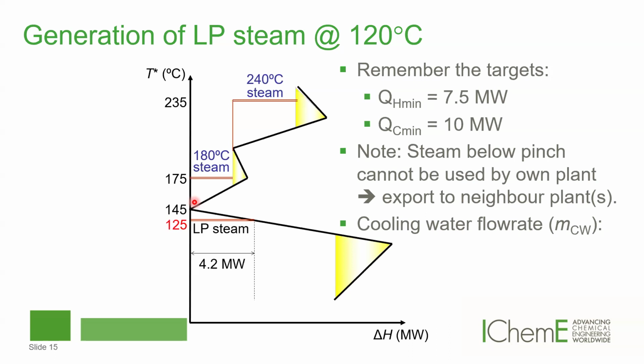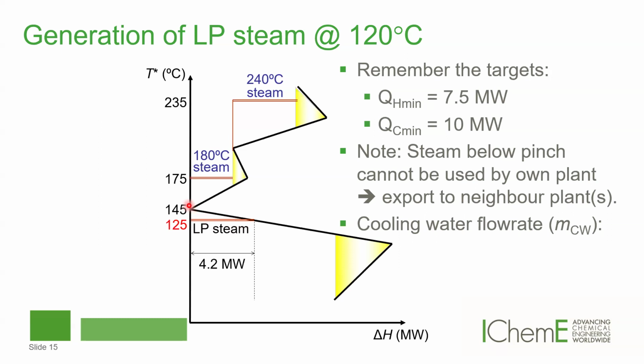Since we're now dealing with the region below the pinch, we have to raise the temperature by half delta T min. So our 120 low pressure steam is plotted here at 125, but still below the pinch temperature at 145.